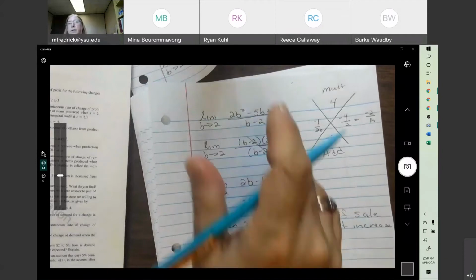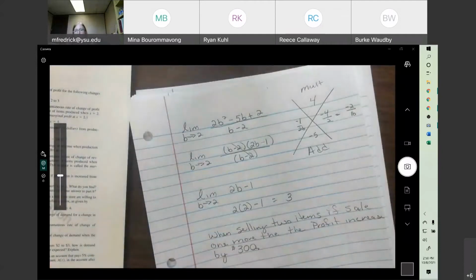So if we're already selling 2, if we sell a third one, we will increase our profit by $300.